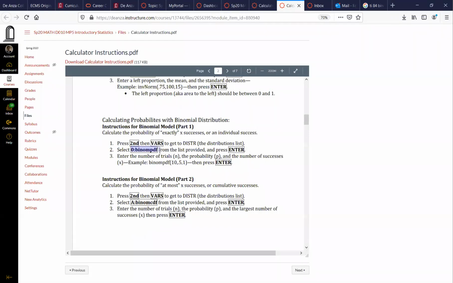We're going to talk about binomial CDF later. And press enter. Enter the number of trials, N, then probability P, then the number of successes.